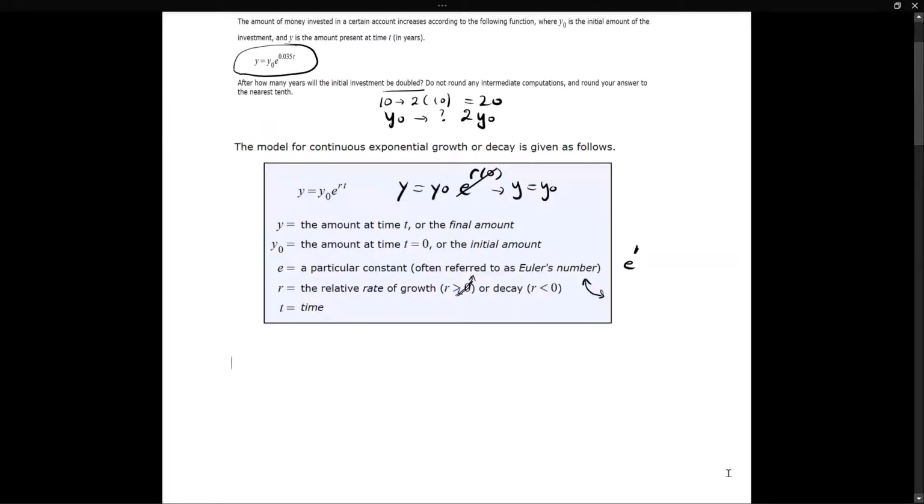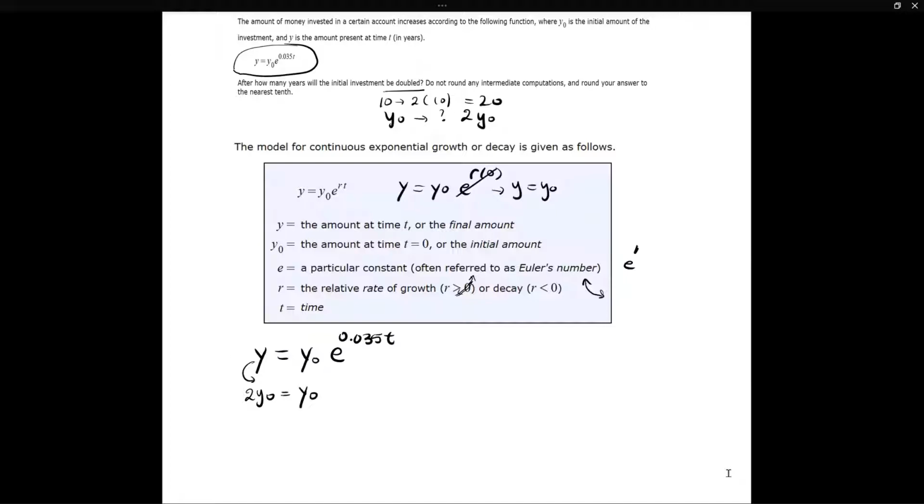So let's write the equation here. We have y equals y0 e to the 0.035t. When y doubles, it means y will become 2y0. So if y0 is 1,000, y will become 2 times 1,000, which is 2,000. We set it up that way.